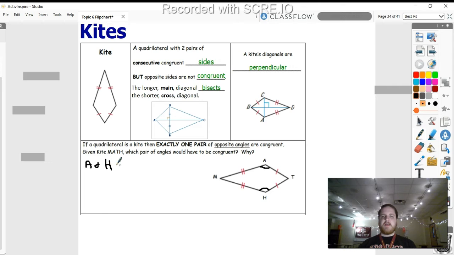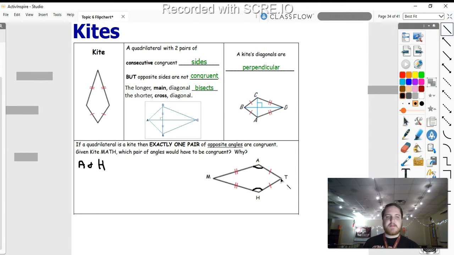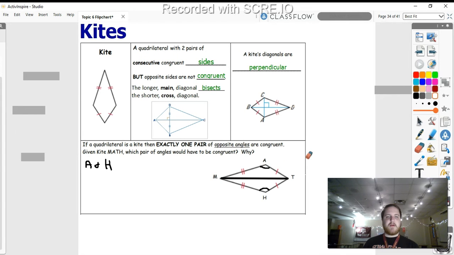But the question is why? I want to draw your attention to what happens when you draw the diagonal across this. When we draw that diagonal from M to T, that splits our quadrilateral into 2 triangles. Now the question comes up, how do we know that this angle and that angle are the same?